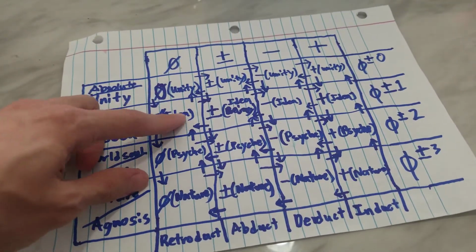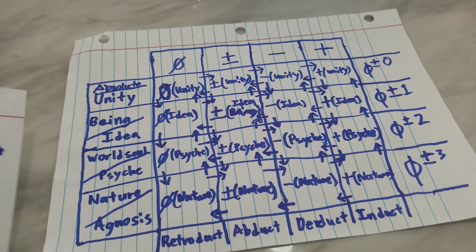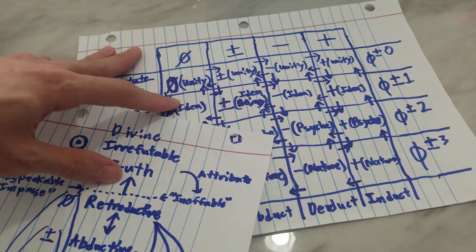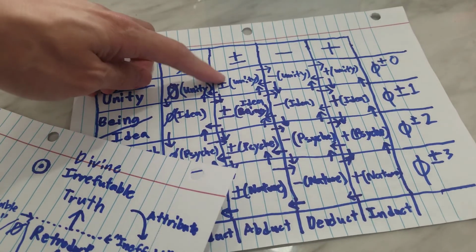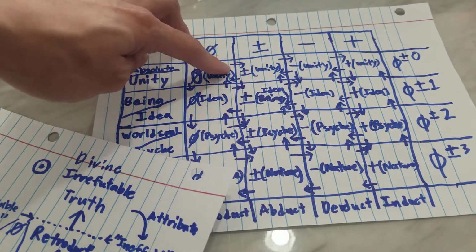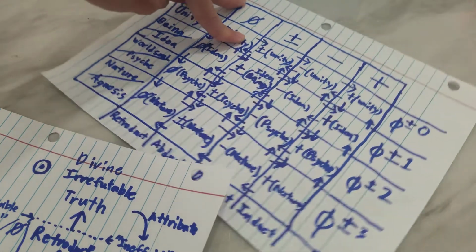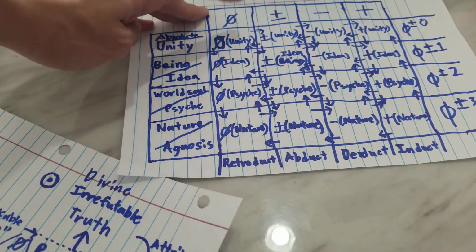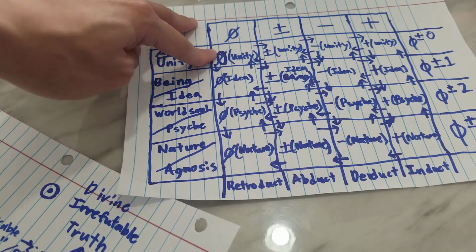It's kind of like this. This is kind of like this, and it's kind of like this too. It's kind of like the abductive unity. If you put it like this, these two are the closest to the undifferentiated unity.